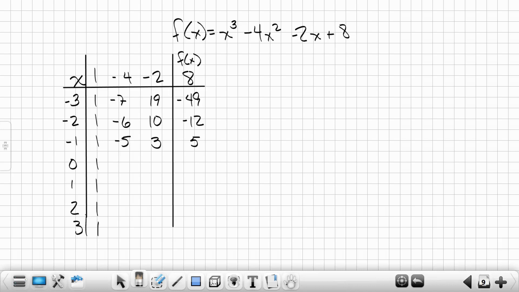Which is why I gave lots of room if you need to literally do a synthetic division for each of these numbers.